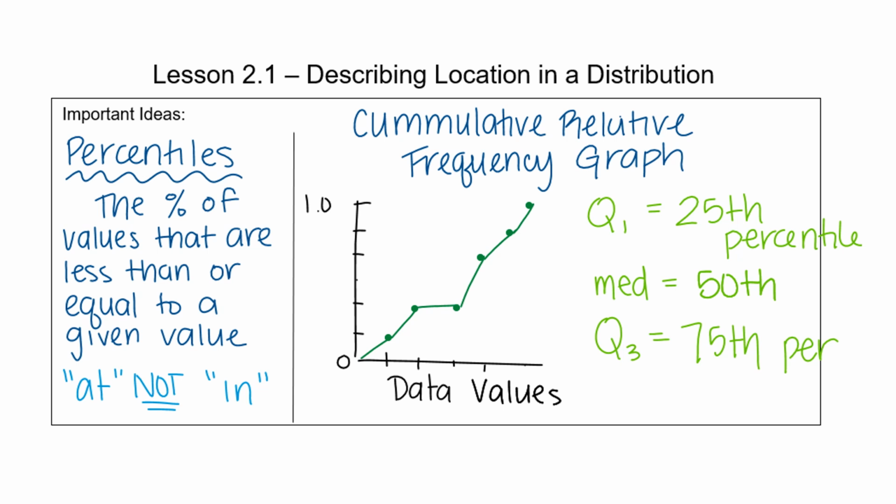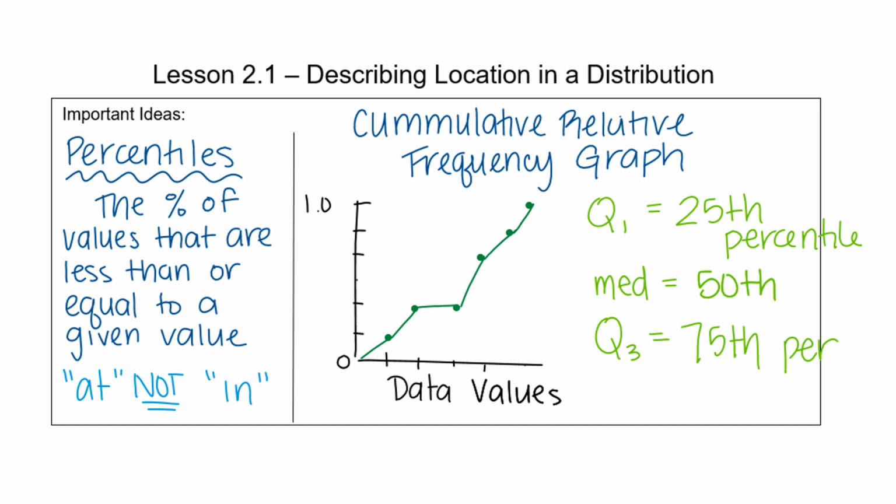The other thing we talked about with percentiles was a cumulative relative frequency graph, or ogives, but they don't call it ogives anymore. That is when you have a set of data values on the horizontal axis, and then the vertical axis goes from 0 to 100. You can also have it in decimal form, like 0.1, 0.2, 0.3, 0.4, and then it would end with 1.0, which is still 100%.